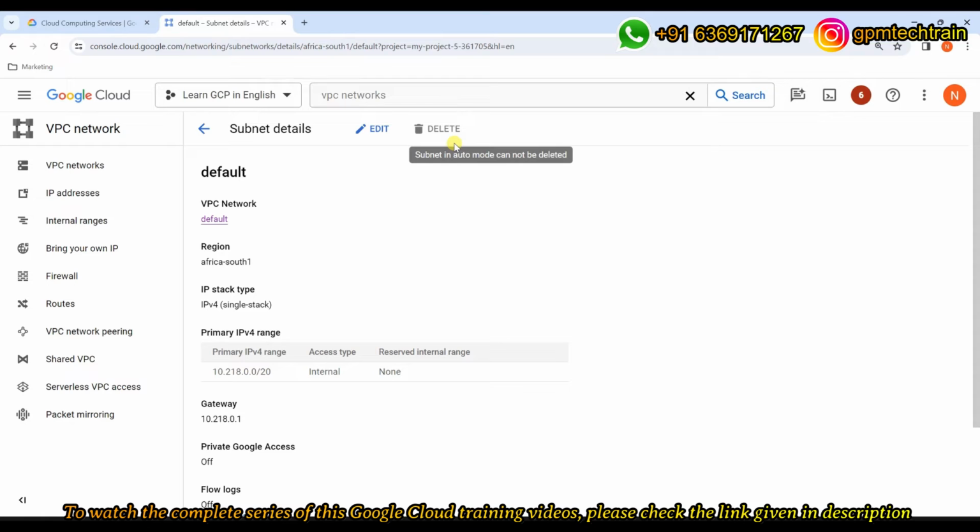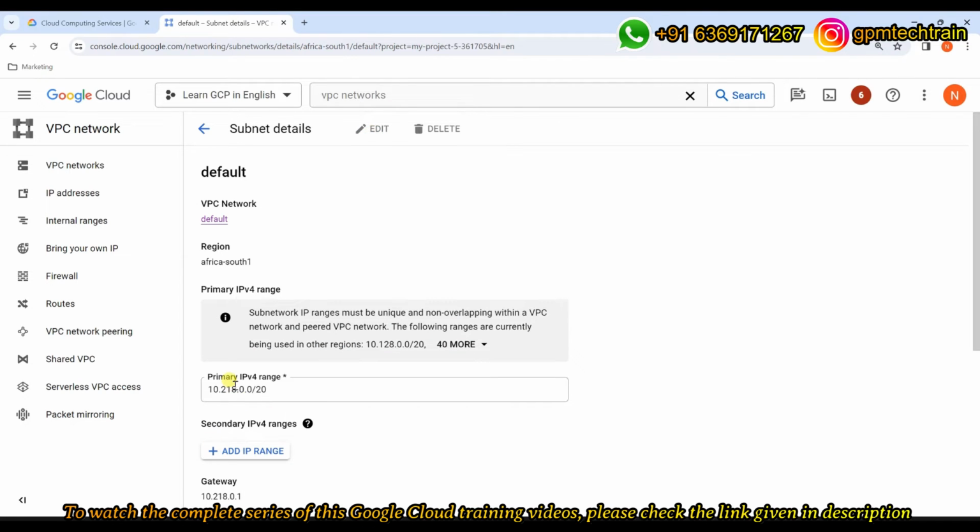You cannot customize it. For example, if you don't want this subnet, or you want to use a different subnet for this particular region, and you come here and try to put some other range, it tells you the new IP range should be a superset of the existing one, which means it will not allow it.